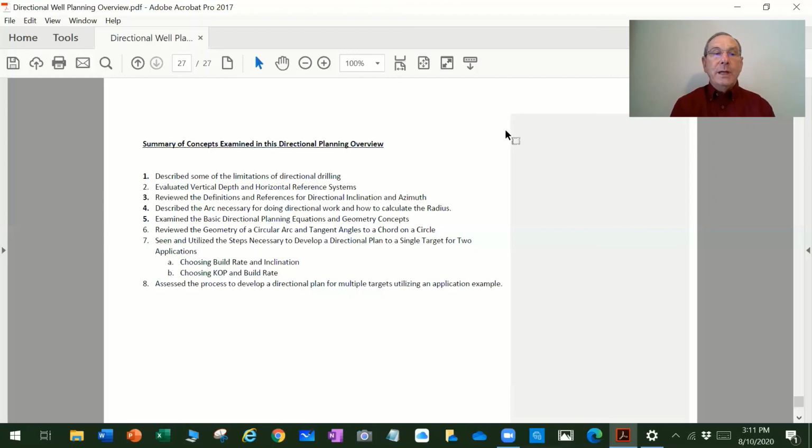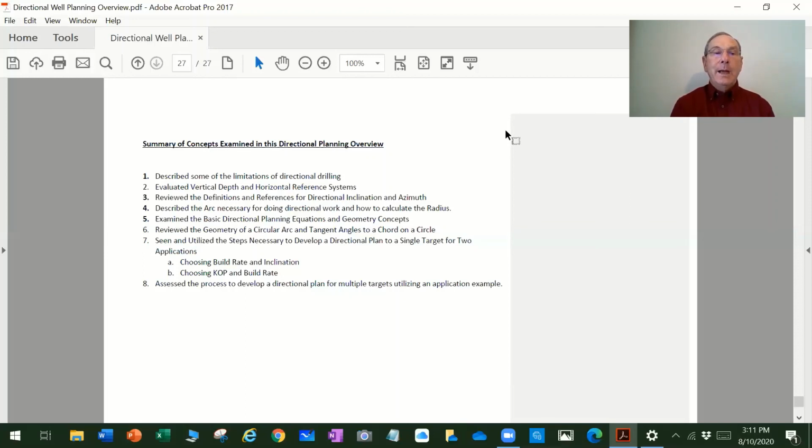And then we have seen and utilized the steps necessary to develop a directional plan to a single target for 2 different applications. One is when we choose a build rate and inclination, and then the second is when we choose a kickoff point and a build rate. So both of those are for a single target.